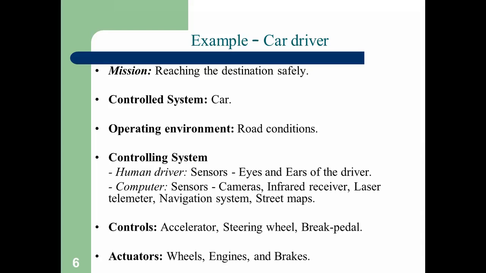Actuators. Here these are the signal systems in the context of electronic devices, but here the wheels, the engines and brakes are actuators in the hard form. We are currently using the wheels, engines, and brakes.